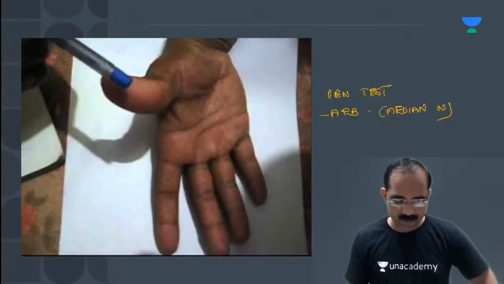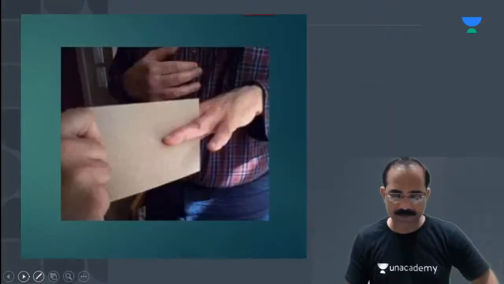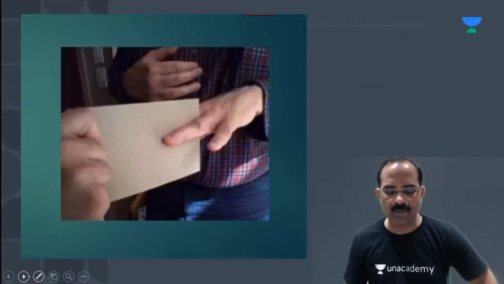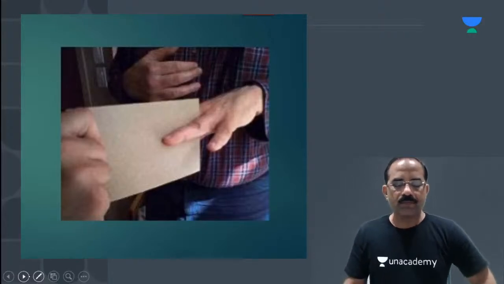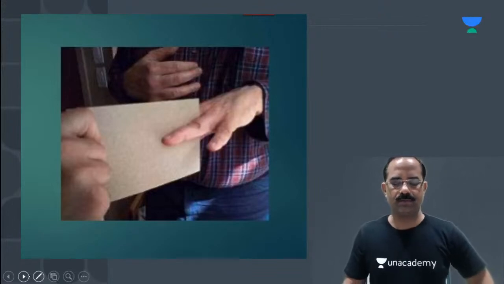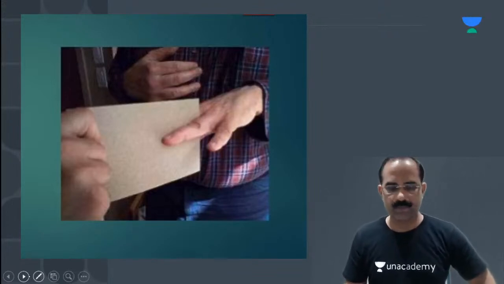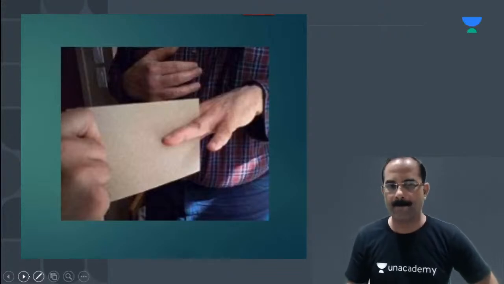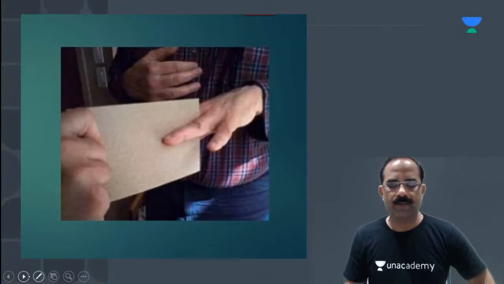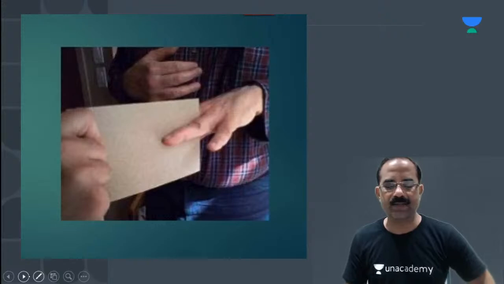Okay. Now tell me, students, what is this? What is this test for? I'll give you 2 minutes to identify this. Students, come on. Any guesses?